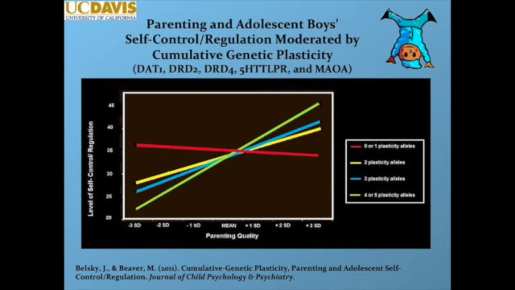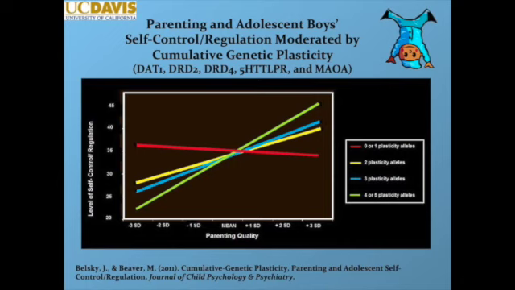Here we see the same thing in a piece of work I did, looking at parenting and its effect on adolescent self-control as measured cognitively, emotionally, and behaviorally. And here we've put together 5 different polymorphisms. I was astonished when I saw these data, because I didn't analyze them. Somebody else had these data and asked me what we should do.